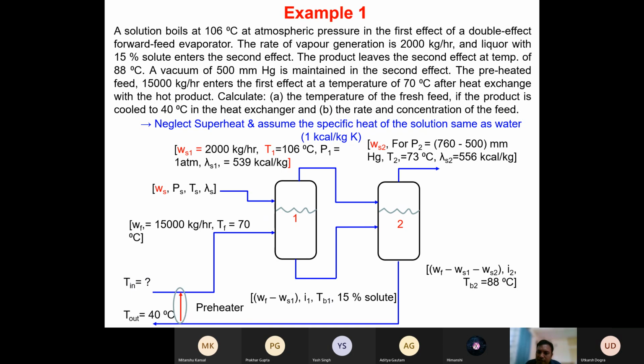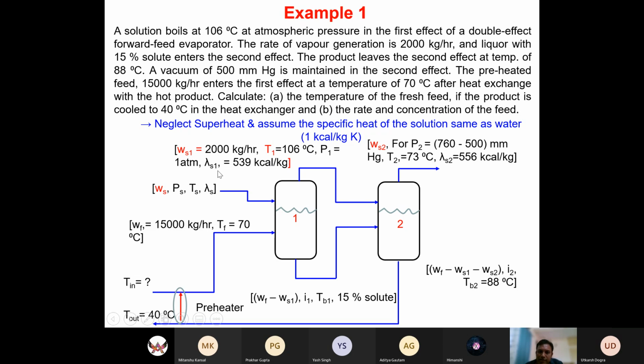Okay, so the problem is clear? Yes, sir. Now, all these are the information. T1 we were knowing, this pressure we are knowing. Since the vapor coming out here is a saturated vapor, once we know this temperature for saturated water vapor, we can find out the latent heat of vaporization.